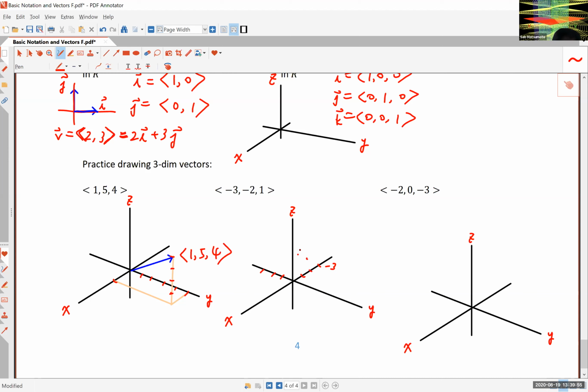That's this. So this point here is the point -2, -3, 0. And then you go 1 unit up here. So in terms of my auxiliary lines, first I go -3, and then go -2, and this should be parallel.